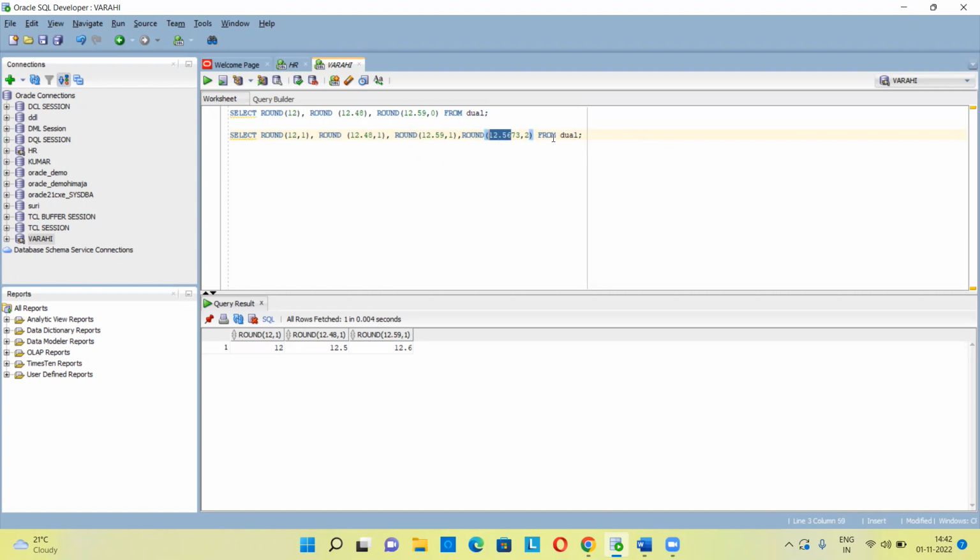After 12.56, what is the first decimal value there? 7, right? Is that 7 more than 5 or not? Yes, it is more than 5. So what will it do? It will add 1 to the number before 7. What is the number before 7? 6. So it will add 1 to the 6, so it will become 57.